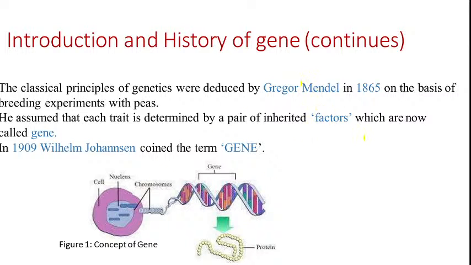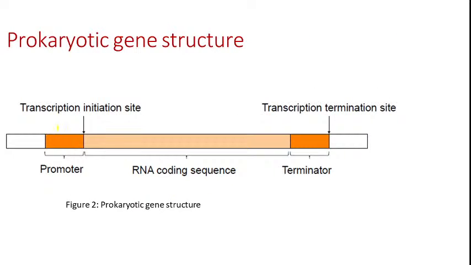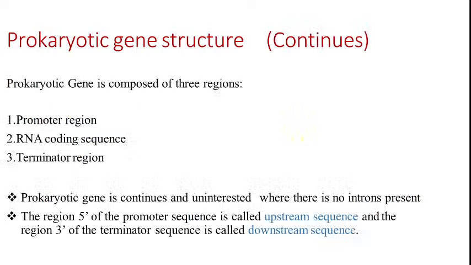As I already told you, it was Mendel in 1865 who assumed that there are factors. These factors were later known as genes. The promoter sequence is just in front of the coding sequence, and at the end we have the terminator sequence which will stop the reaction.